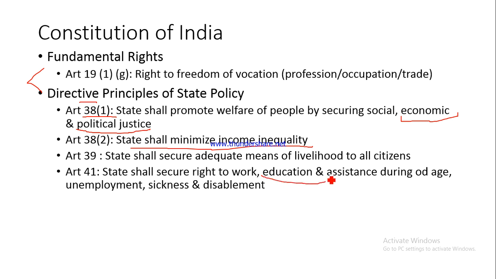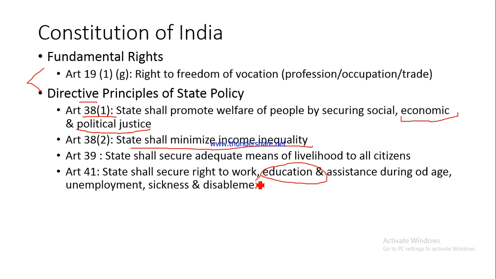Now, this has become a fundamental right. Now, in India, every single individual in the 6 to 14 years of age has the right to education. They can go for their schooling, and the government will provide funds for their schooling.